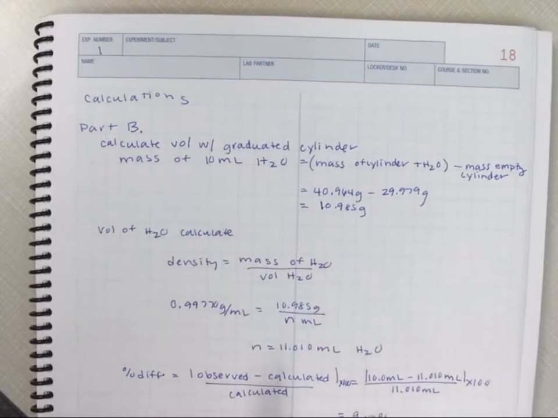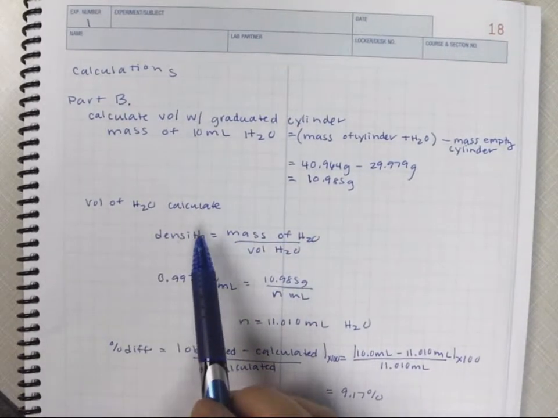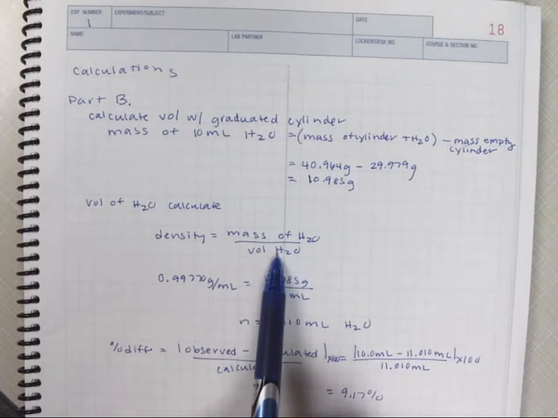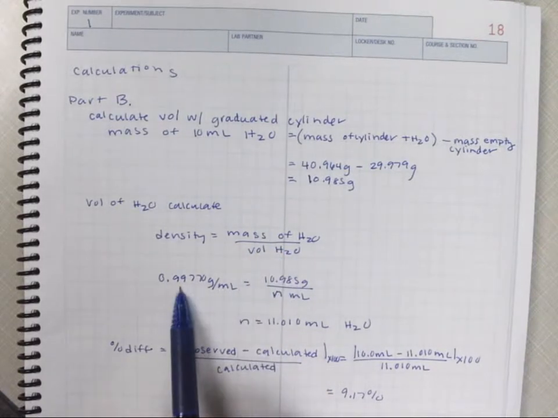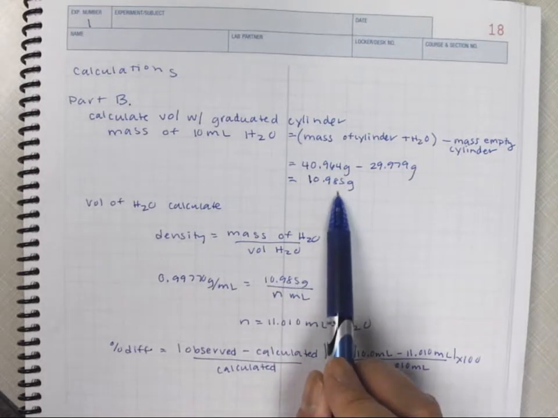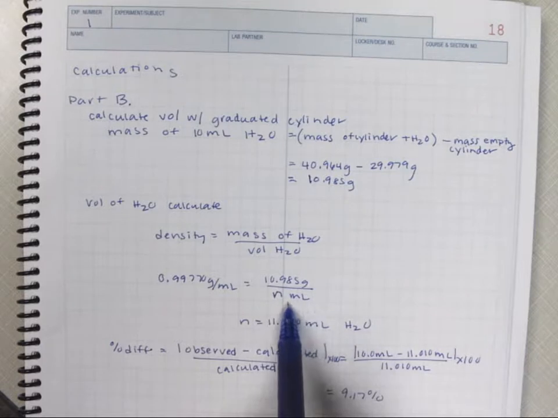To determine how much volume that actually is, you have density equals mass of the water over volume of the water. The density we got from Appendix F, so again that was 0.99770 grams per mil. And that's equal to 10.985 grams, which came from here, over the volume, which is what we're solving for.